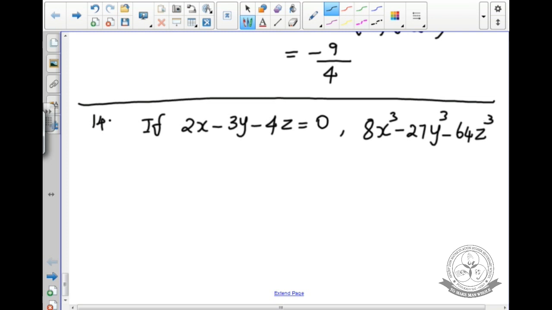It is also the same identity we are going to use, but in the previous one they said using identity evaluate the following, but here not using that. Okay, so we can use this.